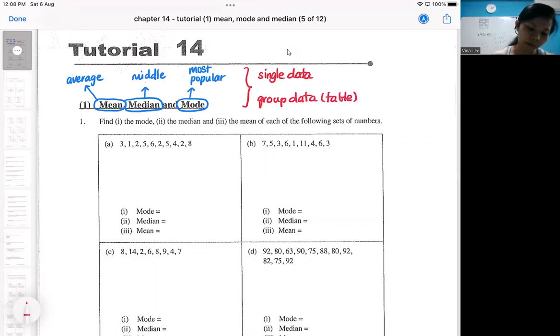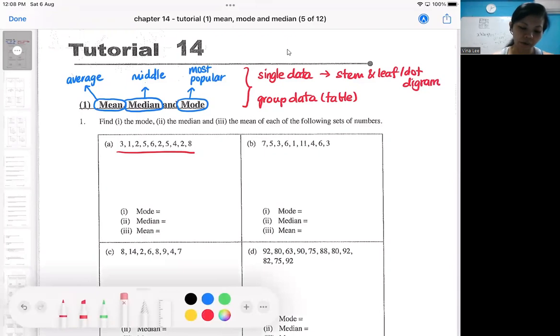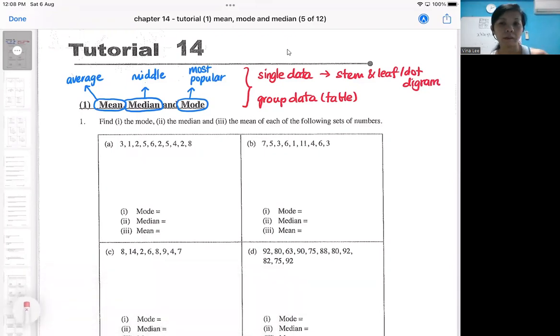Single data can be just like this, or it can be in a stem and leaf or dot diagram. I will be showing you some examples each, and your job is to practice. Make sure you don't get mixed up between mean, mode, and median.